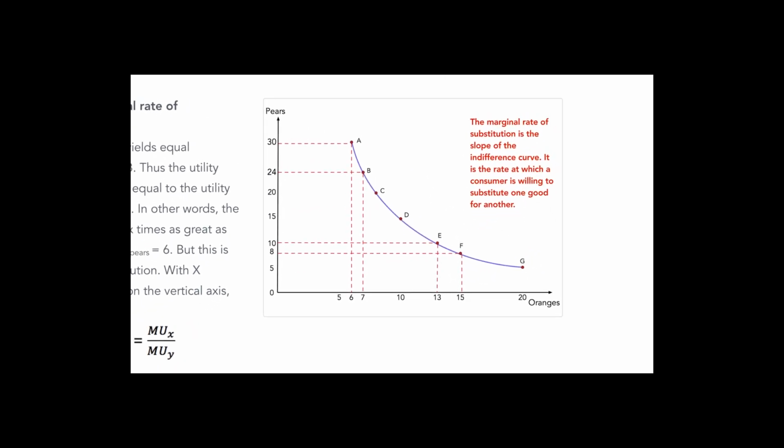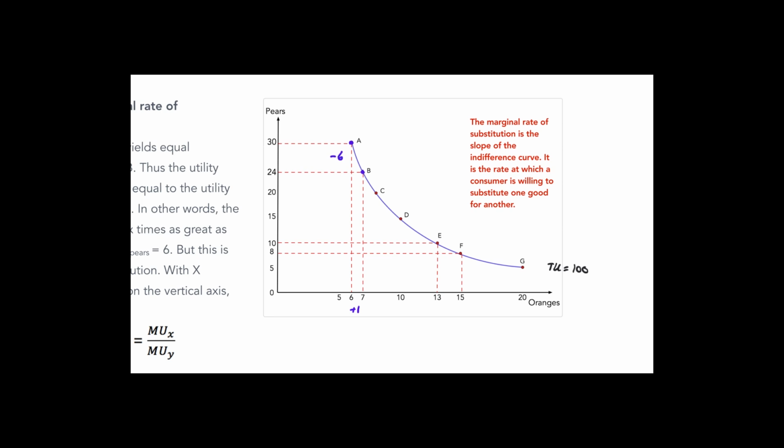So the graph is showing you pears versus oranges. This indifference curve is telling you that you can have these different combinations of the two goods which will derive the same utility of, say, 100. Okay? So if I'm moving from point A to point B, I am gaining one more orange, and for that I have to give up 6 pears.